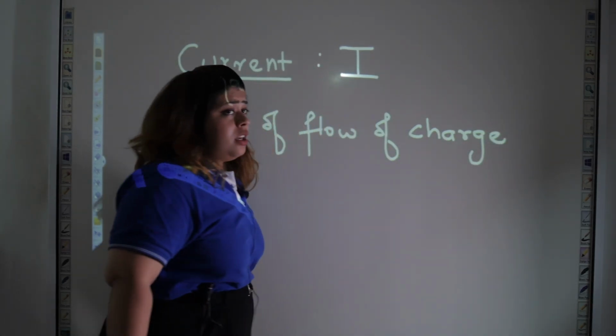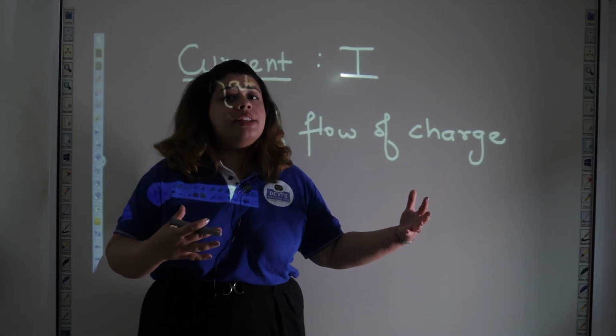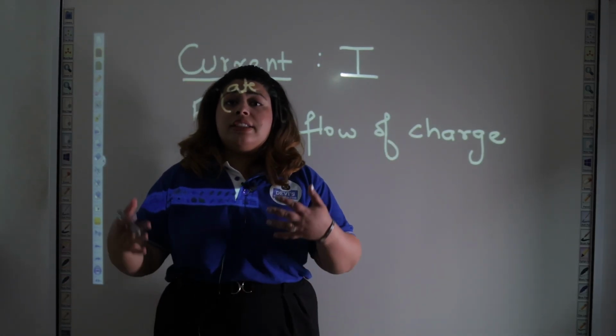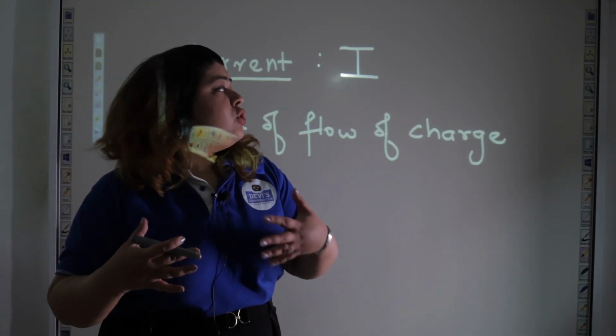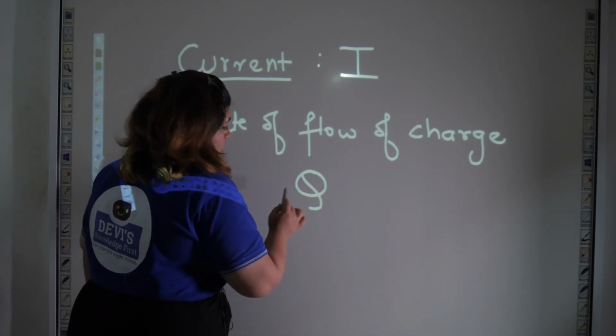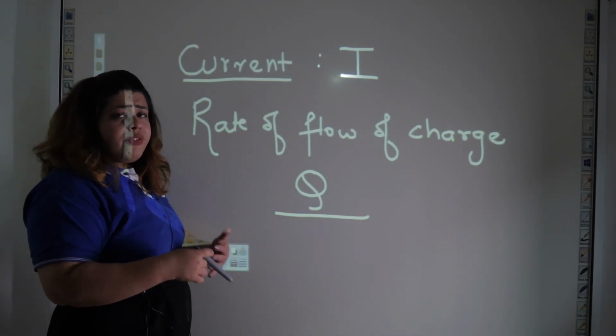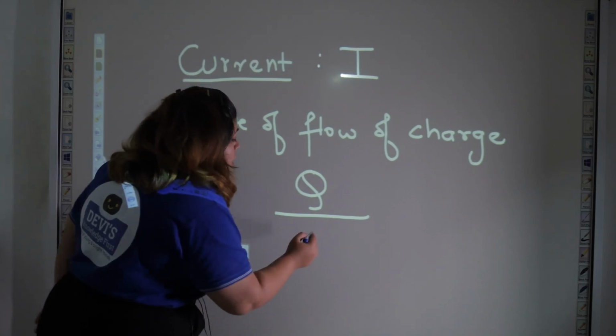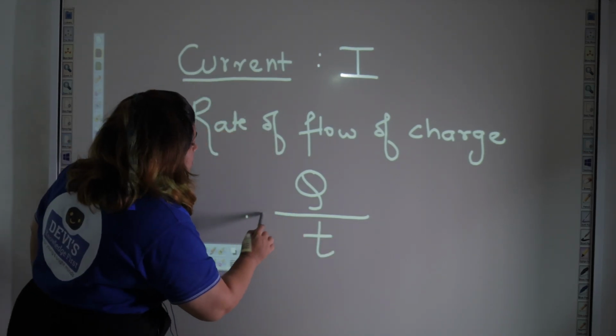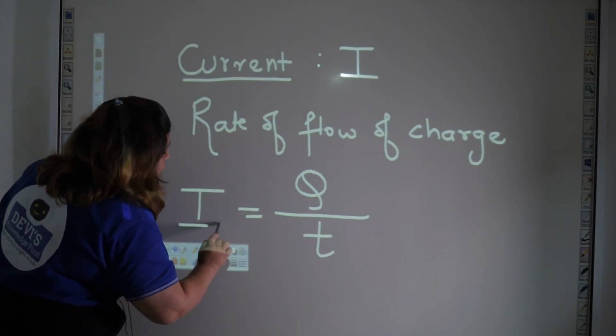So basically, what is flowing inside the conductor? It is the charge. When the charge is flowing, it is flowing for a certain period of time. So charge divided by time equals current.